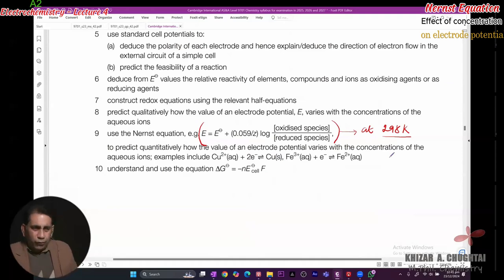There is another full form equation that is also given in my book, but usually this is used, and it is supposed that we are operating at 298 Kelvin.